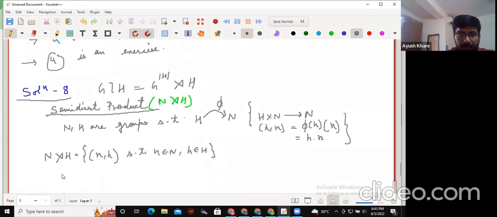This set with the operation... use a different color.